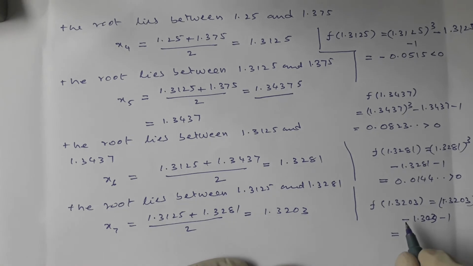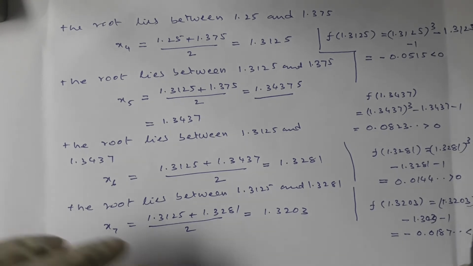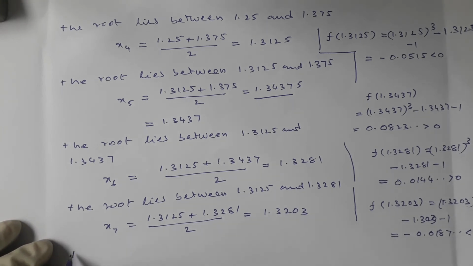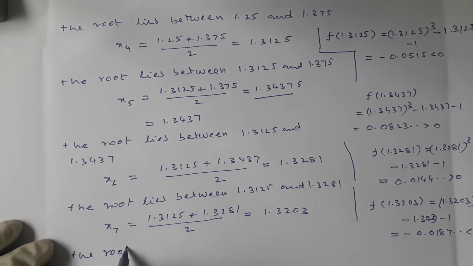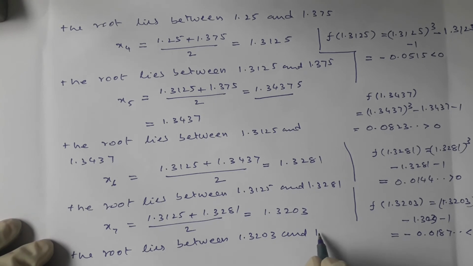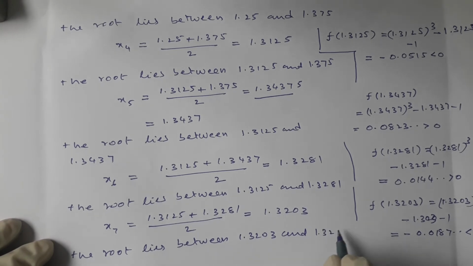The simplification is minus 0.0187, which is less than 0. Less than 0 means the next root lies between this value and the right side, that is 1.3203 and 1.3281.